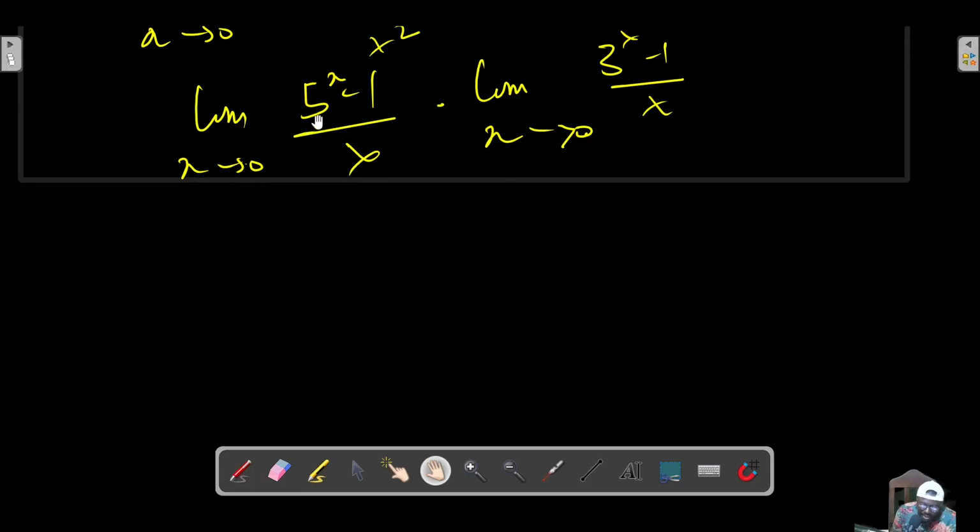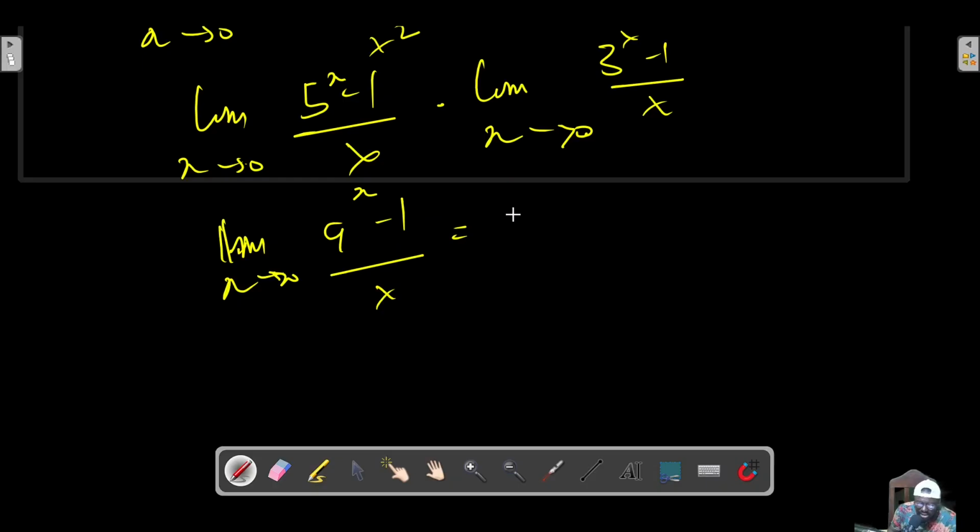Then from here we already know, if you could remember, one of the standard limits: the limit as x approaches 0 of a raised to the power x minus 1 over x is equal to the natural logarithm of a, or log to the base e of a. You remember this?